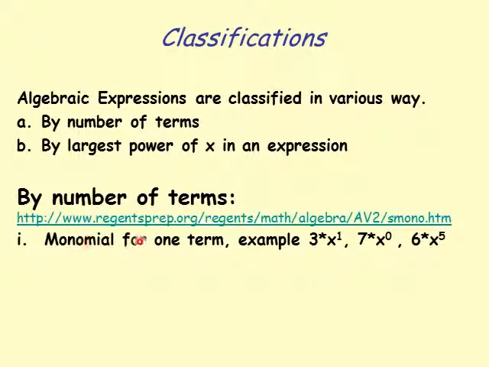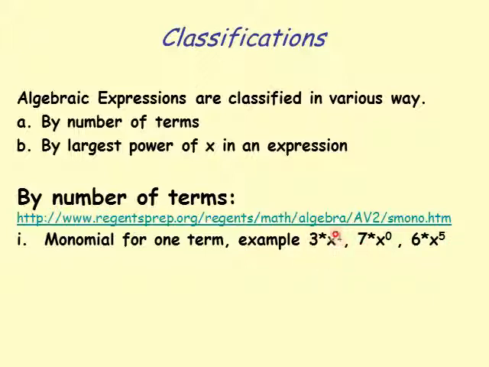So monomials have one term. Examples are 3 times x to the power 1, 7, which is 7 times the 0th power of x, or 6 times the 5th power of x.